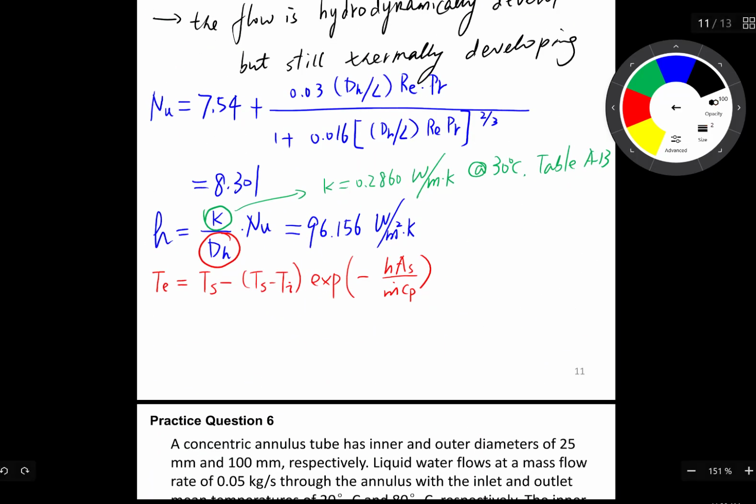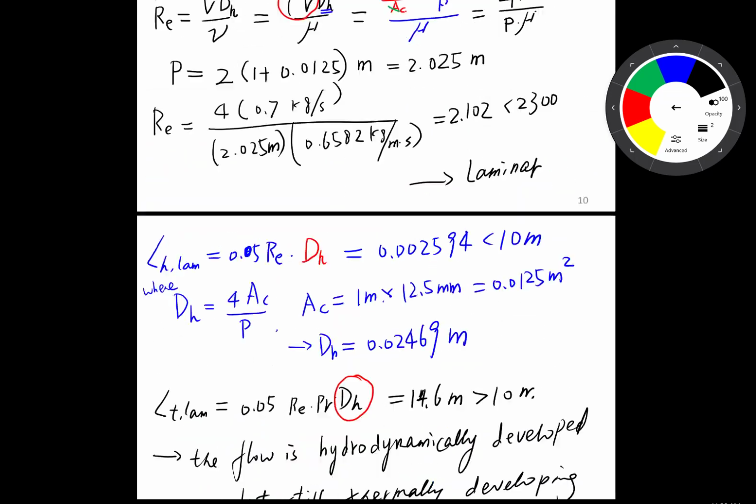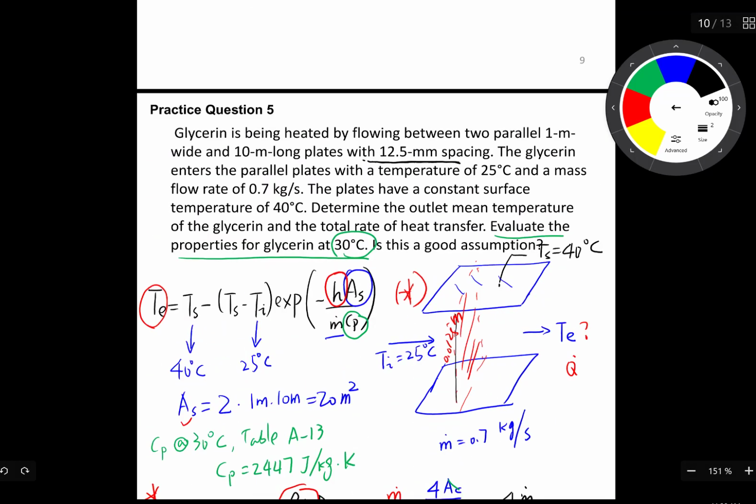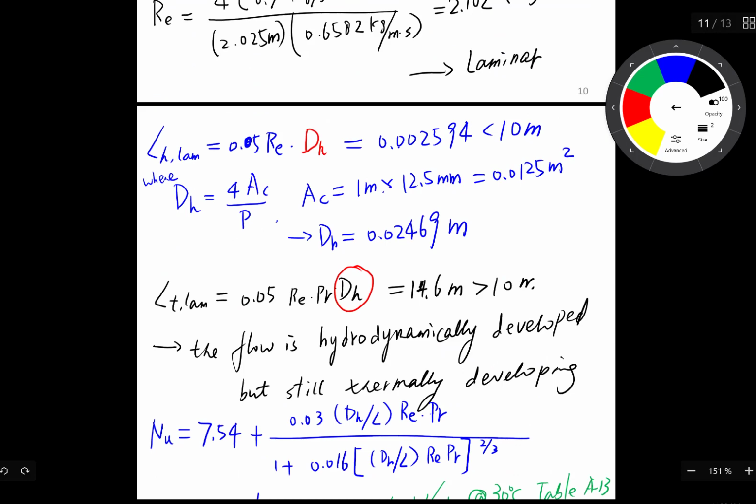So we plug in numbers, and we find T_e is 35.12 degrees Celsius. Remember, we started from the evaluation of the properties at 30 degrees Celsius. We need to know if this is a good assumption.